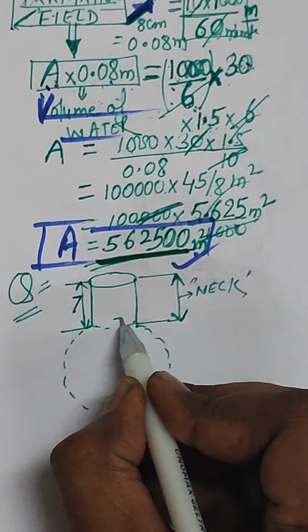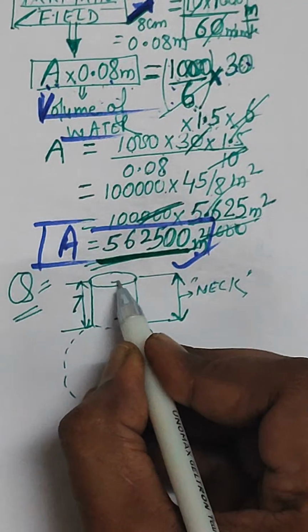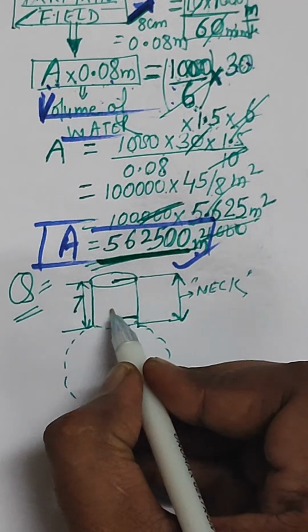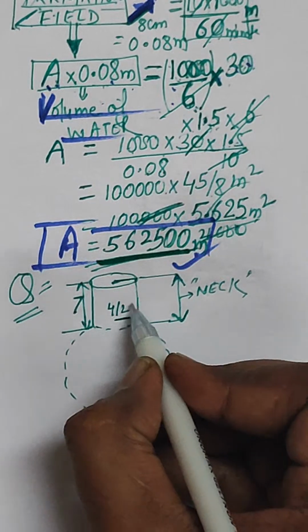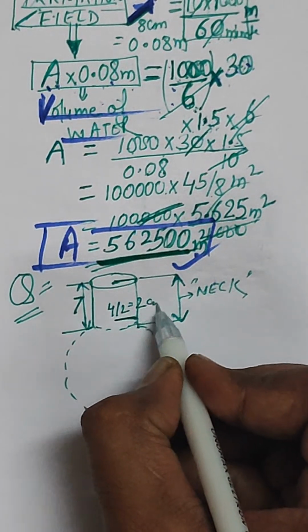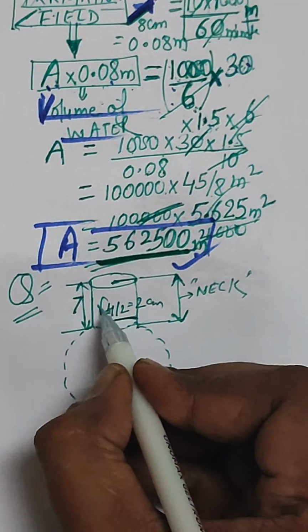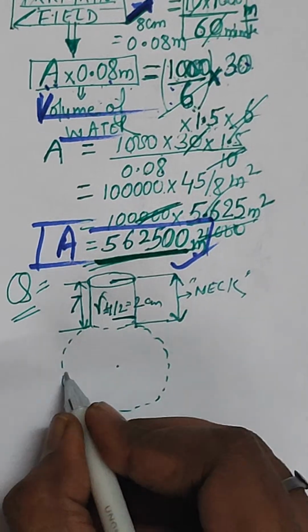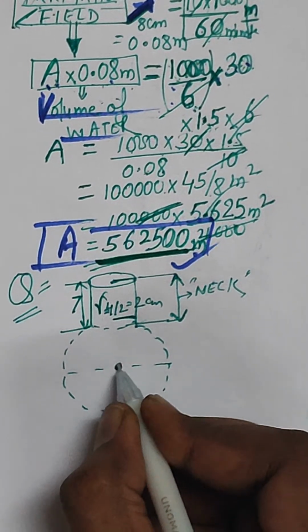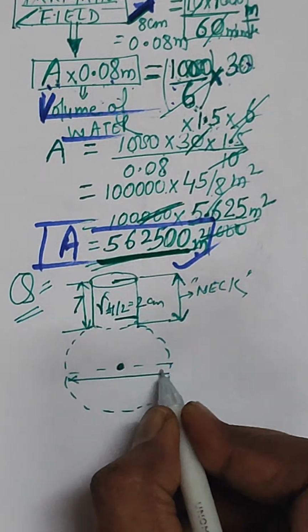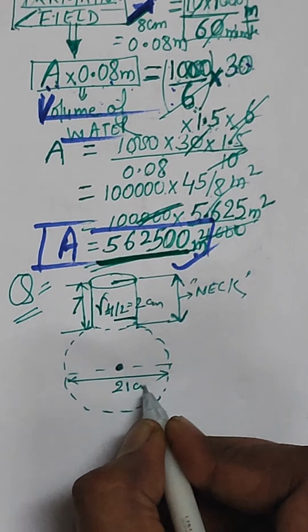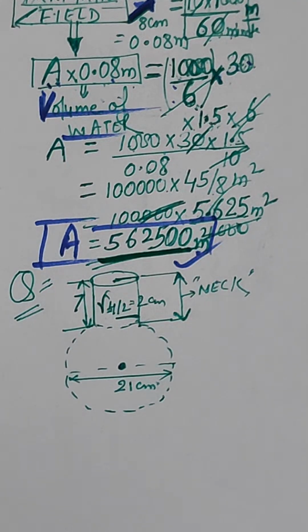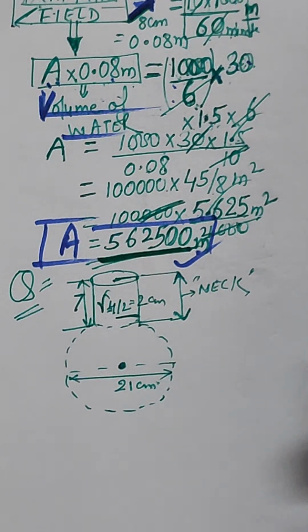So the radius is diameter by 2, 4 by 2, which comes as 2 centimeter. This is the value of r, the radius, right? Now the diameter of the spherical part is 21 centimeter, right? Find the quantity of water it can hold.